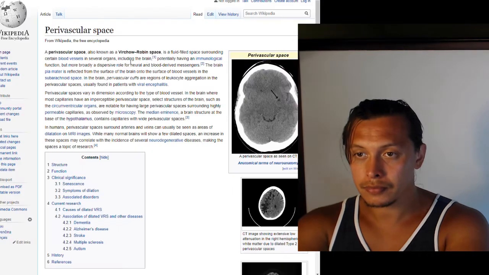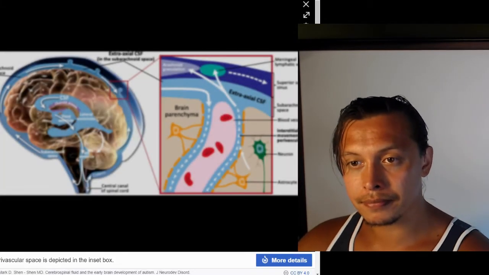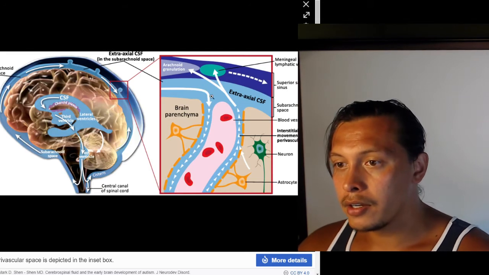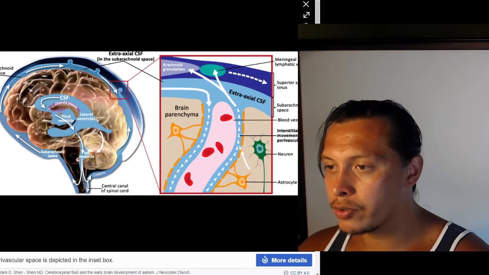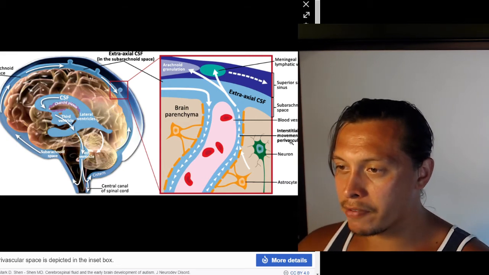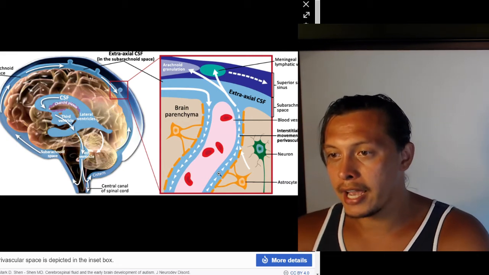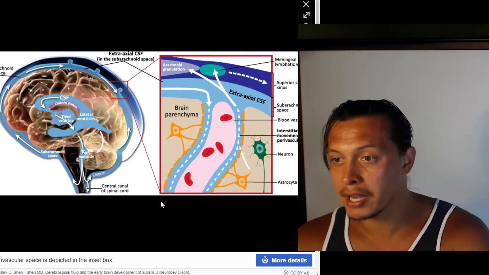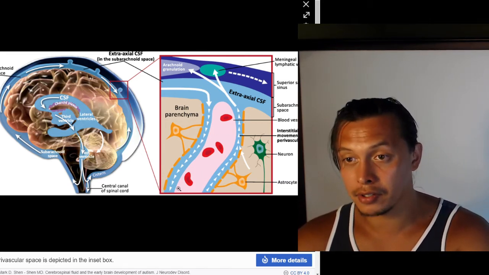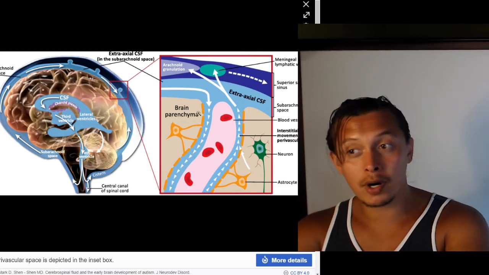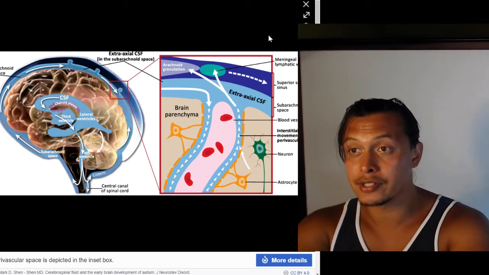So this is a type of, let's get this photo up, interstitial fluid in the perivascular space. So this would be an example of the perivascular space that is surrounding this blood vessel, okay? So this isn't everywhere, it's just in certain areas you can see this.